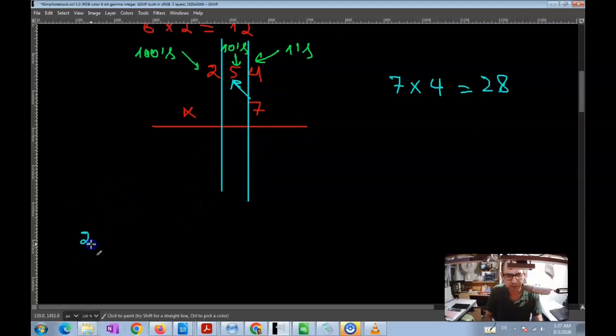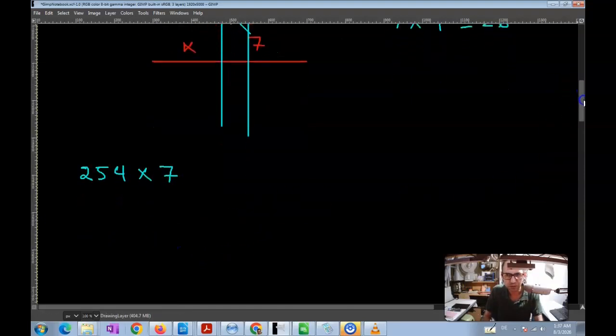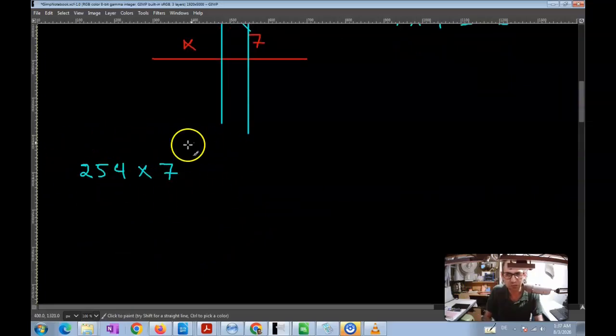Let's say that we have the exact same number, 254 times 7. To do this operation and make it simple, I will expand this number so that we know what it is. So that's 254. Now this 2 over here is 2 times 100, because the 2 is in the hundreds place value.